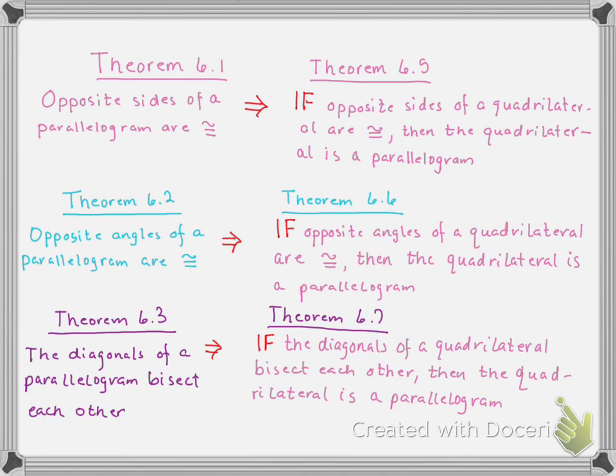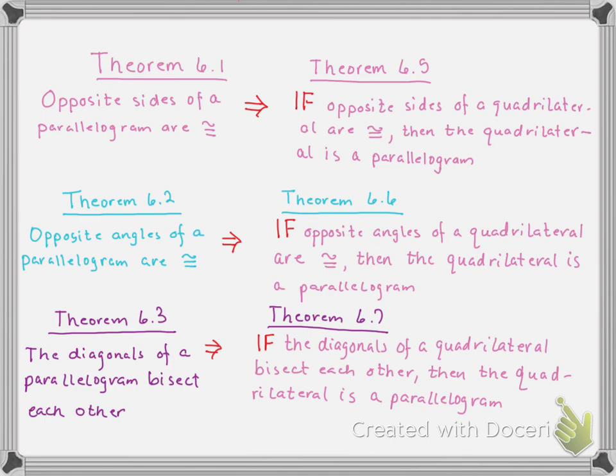So we learned the main theorems 6.1, 2, and 3 yesterday, and now we're learning the, did I label those wrong? Now we're learning the flip sides of those, the converses.